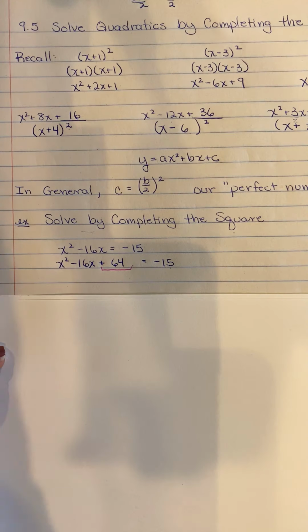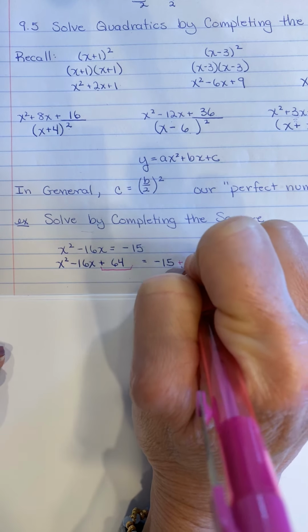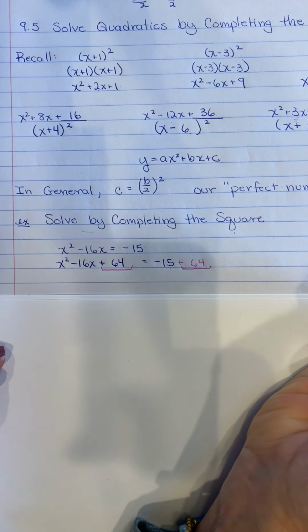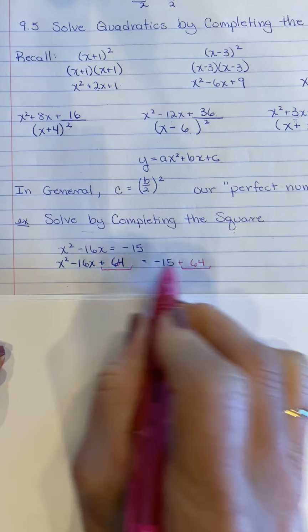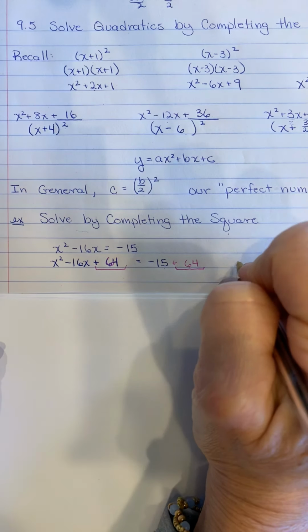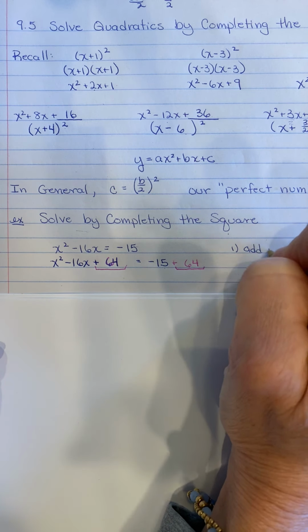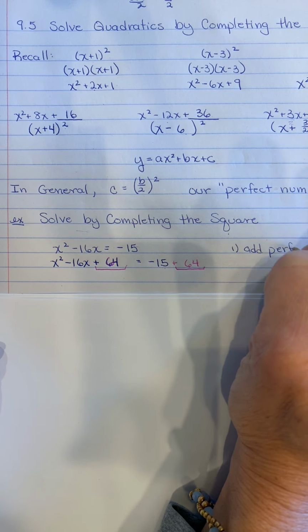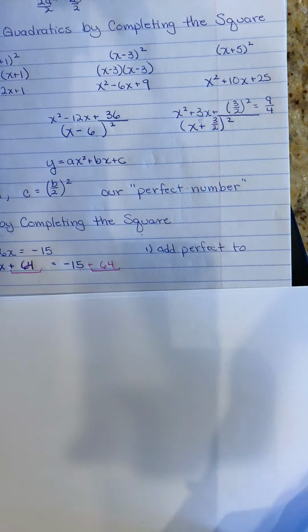Well, if we add 64 on one side, we also have to add it in on the other side. So we've added in 64 to both sides of our equation. That's our first step. First step, add the perfect number to both sides. Can you see that?